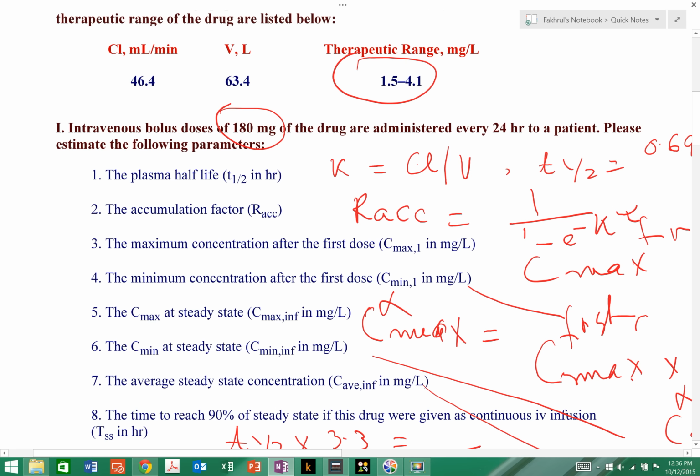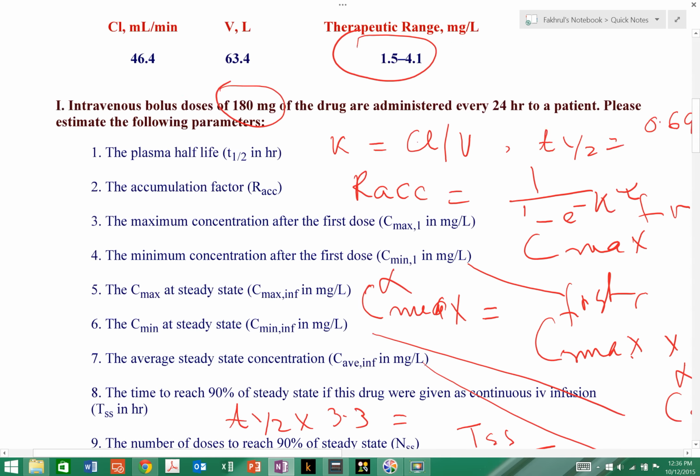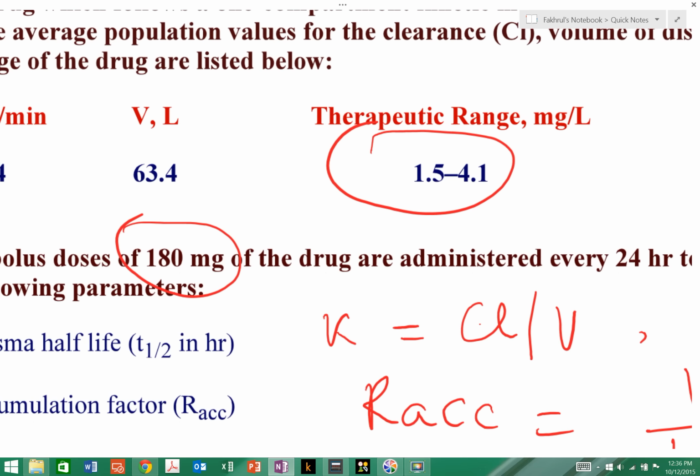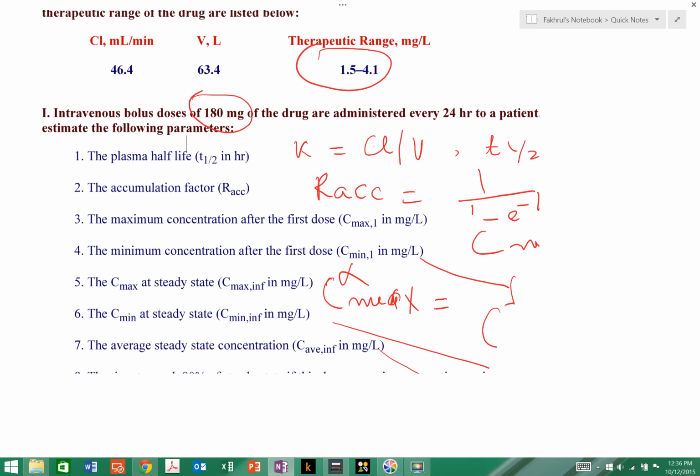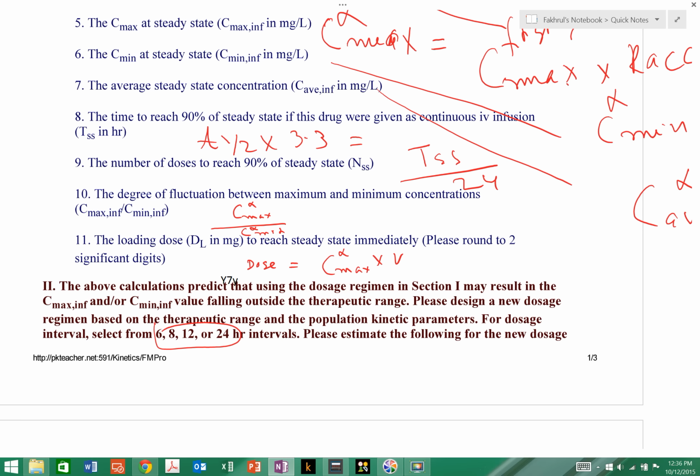So in this calculation, we will use these two parameters as our Cmax and Cmin.